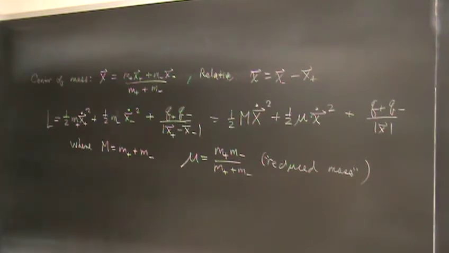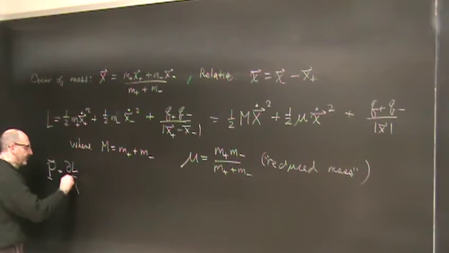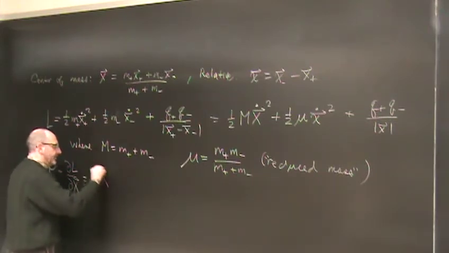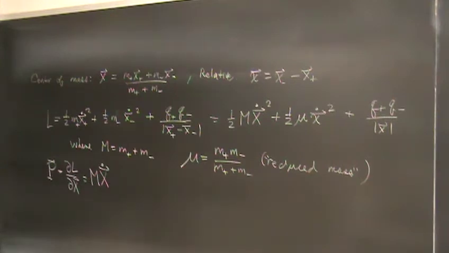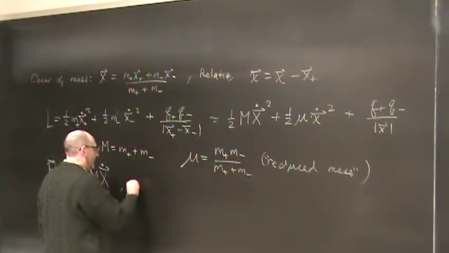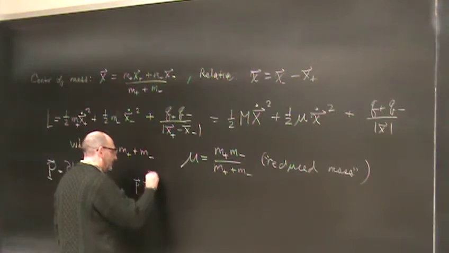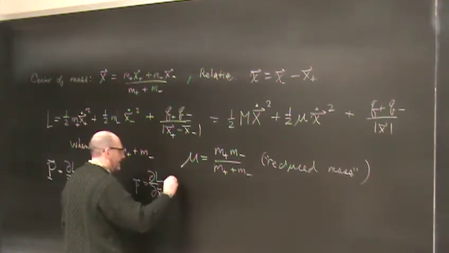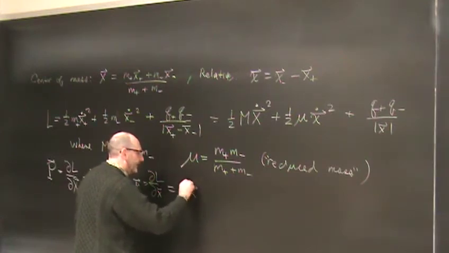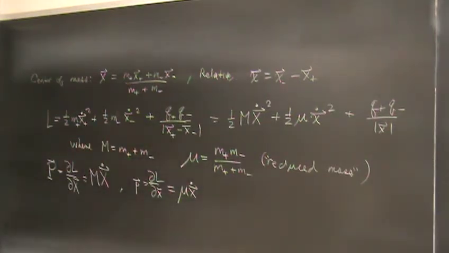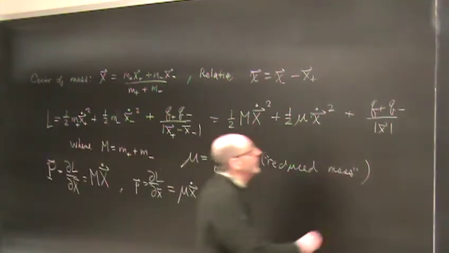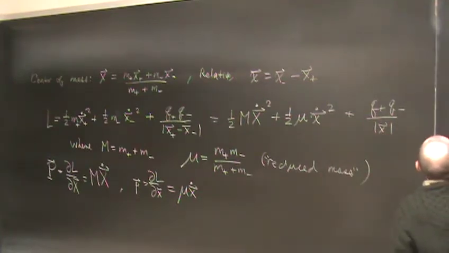Okay, so with that said, what we see here is that the momentum conjugate to the center of mass is the total mass times the velocity of the center of mass, and the momentum conjugate to the relative coordinate is the reduced mass times the velocity of the relative coordinate, right? So that means once we do that, we can re-express the Hamiltonian once we make that substitution.